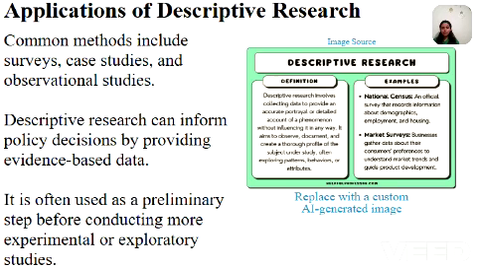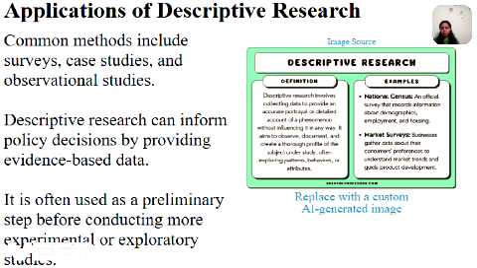For example, it can help identify the spread of an illness in a community or the effectiveness of a health intervention. When it comes to education, descriptive research can be used to assess student performance, teaching methods, and curriculum effectiveness. It helps educators understand the needs of their students and the impact of various instructional strategies.